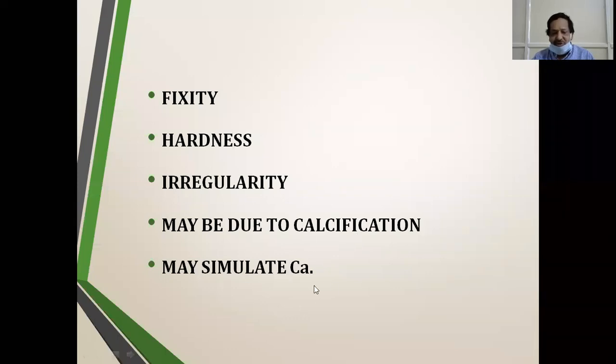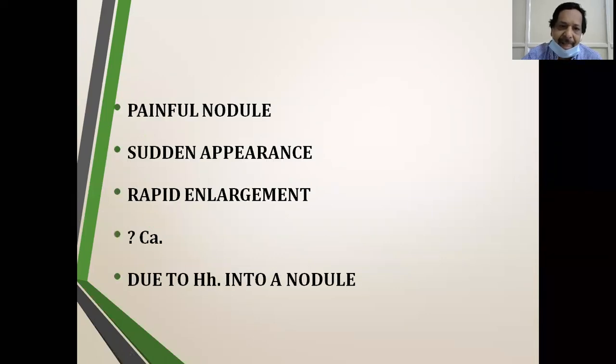Our first priority is to exclude carcinoma. If it is calcification, okay, no problem. But if it is due to cancer, carcinoma, it requires immediate attention, because you are dealing with a very serious condition, carcinoma of thyroid. And we have seen it occurs in young people. That is another worrisome fact. Painful nodules or sudden appearance may be associated with rapid enlargement.